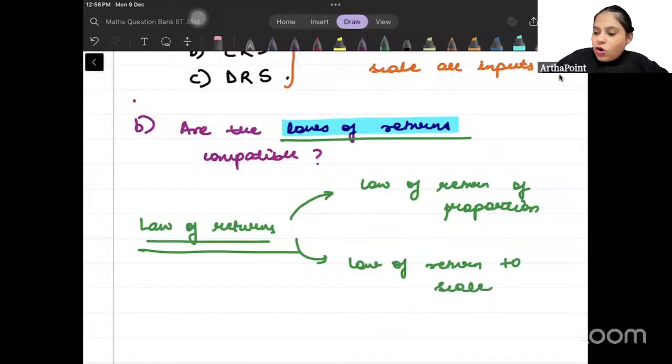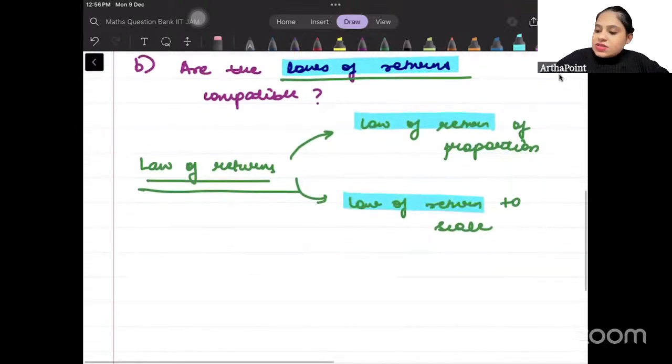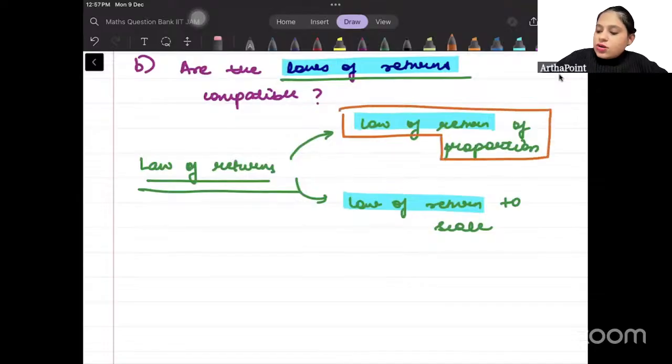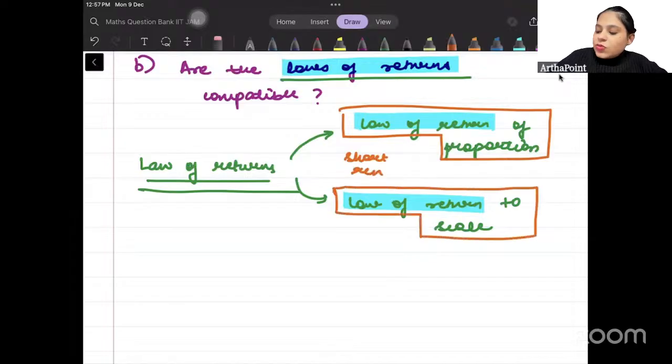And they call both of them the law of return. But this proportion operates in the short run, and this scale operates in the long run.